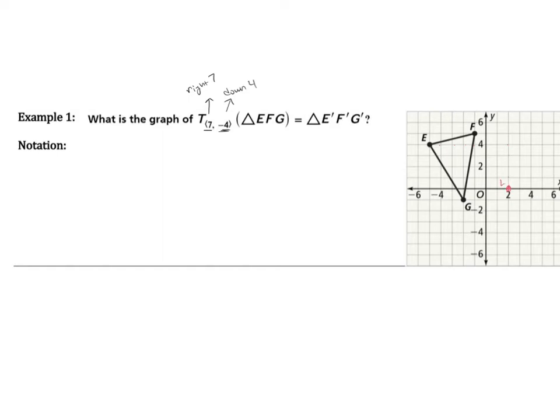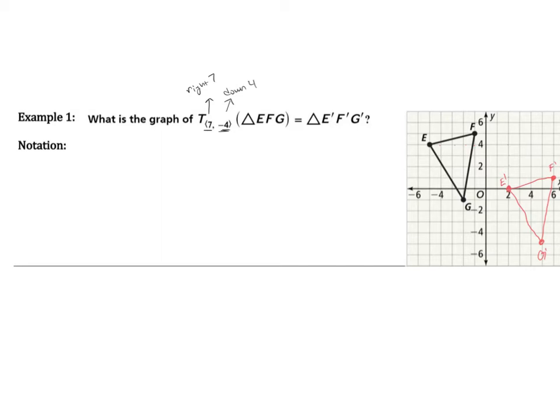So E prime has moved to the right 7 and down 4. Same thing for F prime. And then G prime right here. And then you can make your new triangle right here.